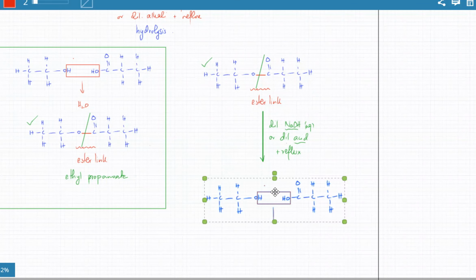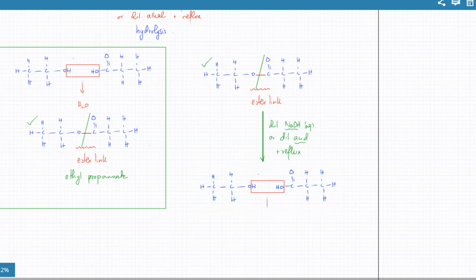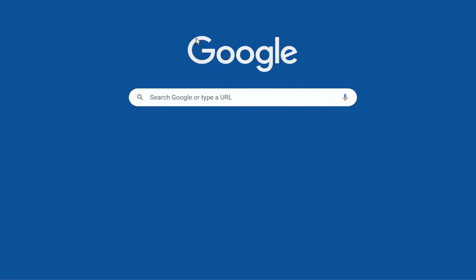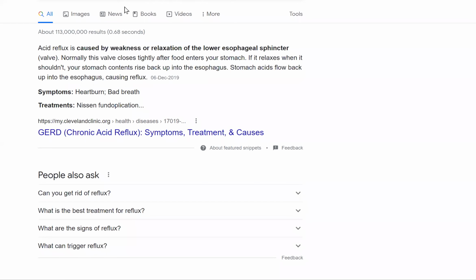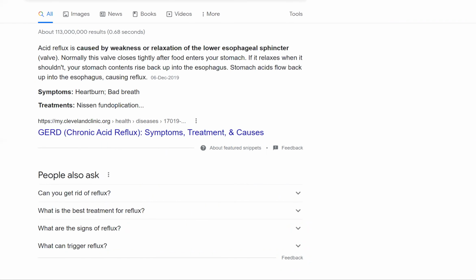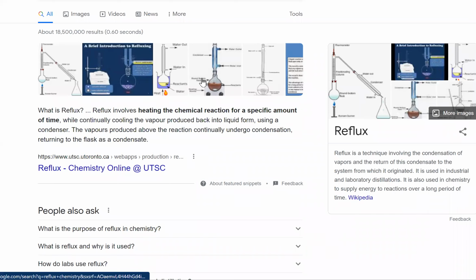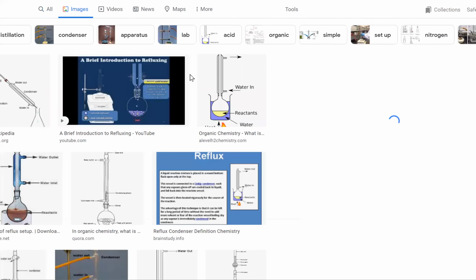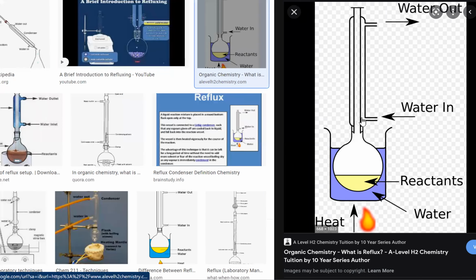So what does reflux actually mean? It means this thing. Basically, when you talk about reflux, what that means is that you want to heat a substance, but the substance is volatile, so it evaporates.